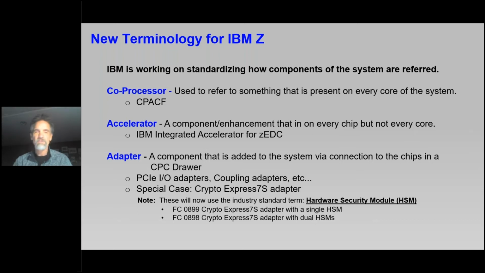A special case would be the cryptography. Just understand that there's some naming changes going on with that to where they're calling them now hardware security modules. I don't know exactly why they changed the naming of it, but it can now be used on other platforms additional to Z. So that's kind of a change with that.